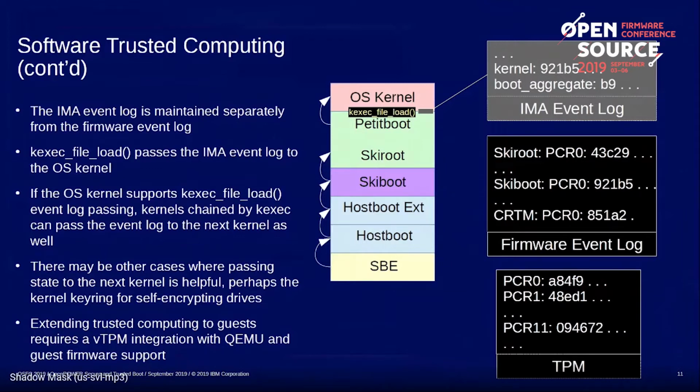And you might envision this being used by not just this, but maybe you want your crash dump kernel measuring stuff. And there are other cases where this might be useful. We thought about self-encrypting drive secrets, passing them up through the purgatory area as well. Haven't implemented it, but it's a thought.